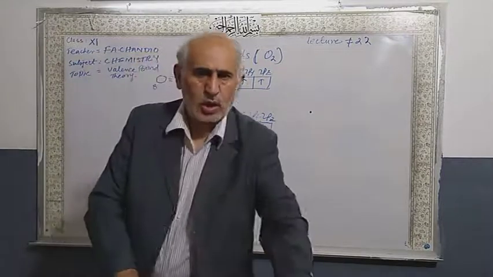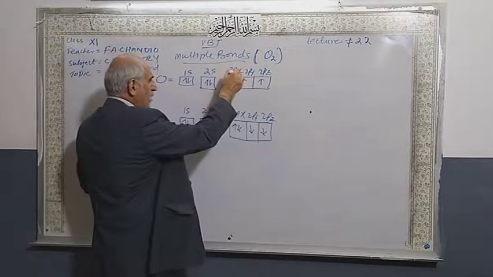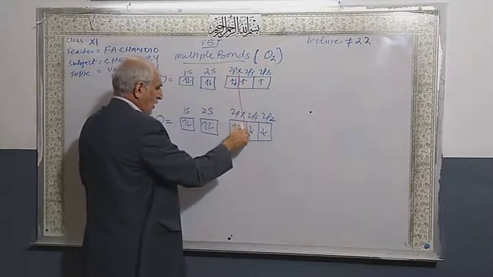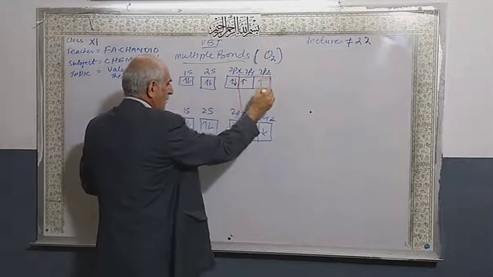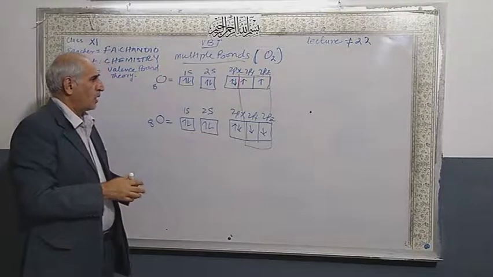So they are going to overlap with each other. You are seeing there are 2 unpaired electrons, so they are overlapping like this. Unpaired electrons are going to overlap.